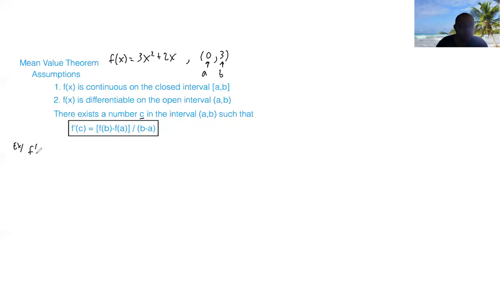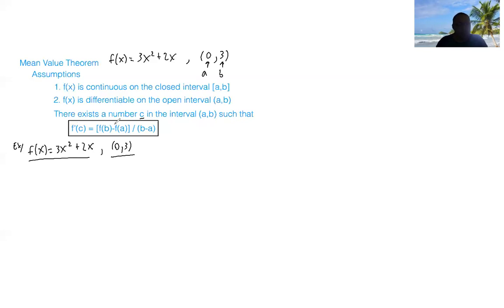Okay? So your original function is f of x is equal to 3x squared plus 2x. And we're considering it on the interval going from 0 to 3. Okay? And so function, interval.